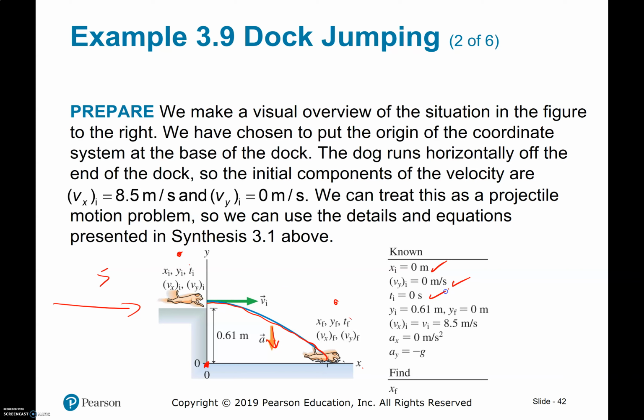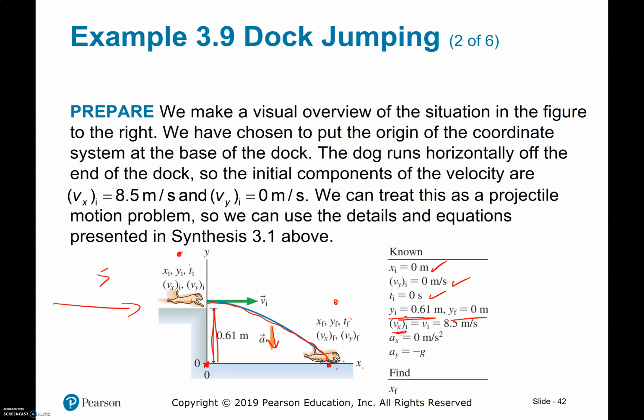We can always set our clock, the initial time, to be 0. The initial position in y is this here, which is 0.61 meters. And the final position in y is 0 because it comes down here.